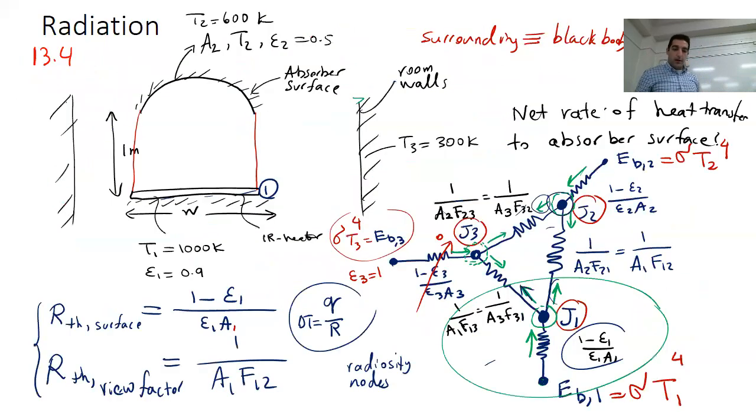So bottom line, there are two types of resistances. For each surface, you should assign one of those, and this is black body. And for any two surfaces involved, it takes one of those. Any questions? If not, I'll move on and resolve some examples.